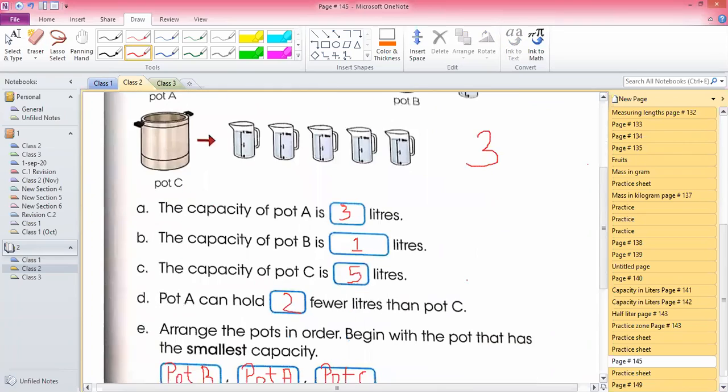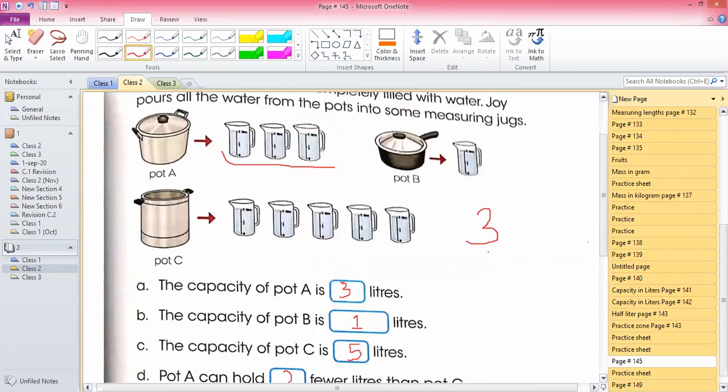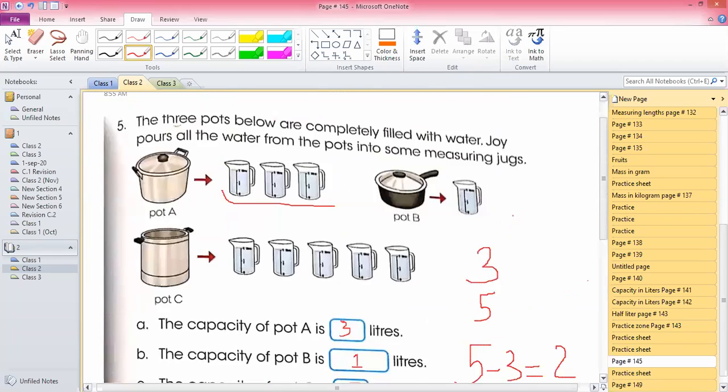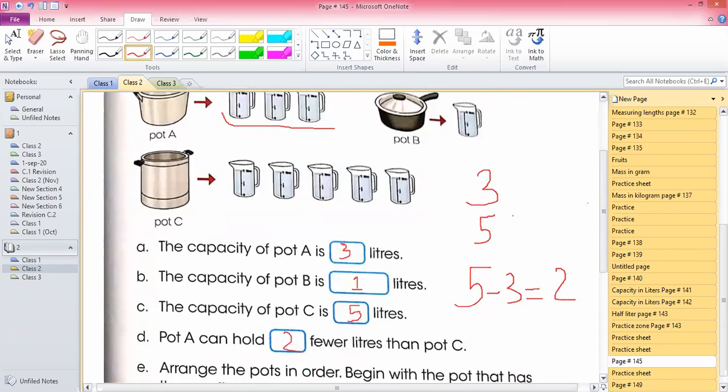And what is the capacity of pot C? Pot C capacity is 5 liters. So you will just find the difference, 5 minus 3, which equals 2. That means pot A can hold 2 fewer liters than pot C. If pot A had a capacity of 2 more liters, we could fill 5 liters in pot A as well, and then pot A and pot C capacity would be the same.